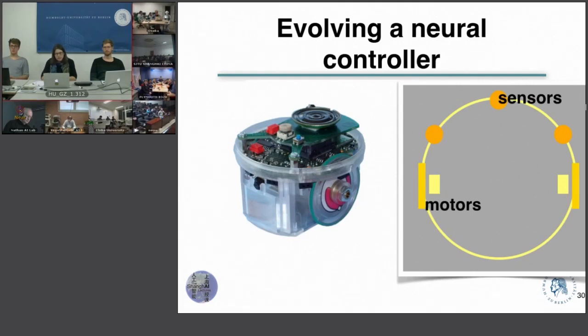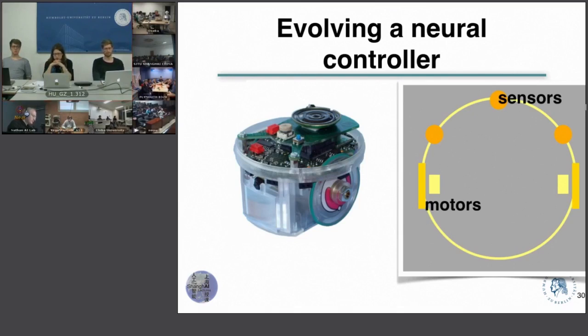And we will start with the classical approach. So the morphology basically is given. The arrangement and the number of sensors and motors is given. And we also have some network connections which are something like a control structure for the robot, where the motors and the sensors are fully connected.